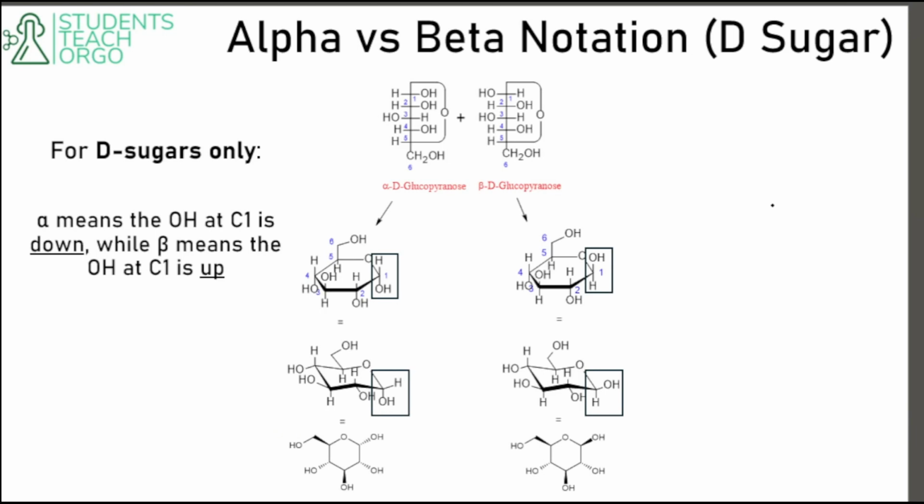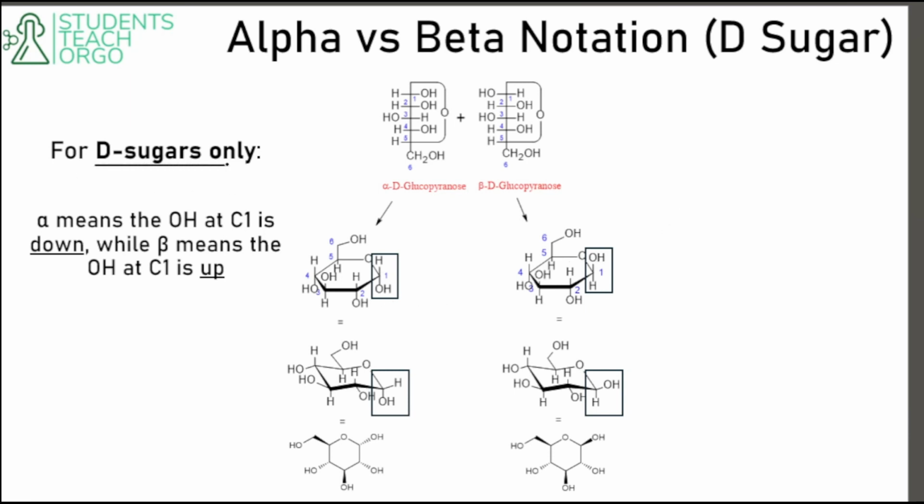So here we're going to see some actual depictions of alpha versus beta notation. If you remember from the previous slide, when we cyclized that Fisher projection, we got both an alpha and a beta sugar. So what does that mean? Well, it means that at carbon 1, you can have 2 orientations. One where the hydroxyl is down, and one where the hydroxyl is up. Okay?